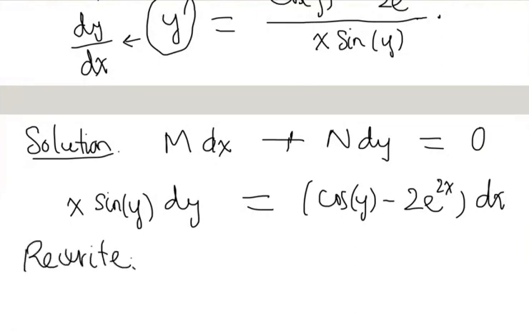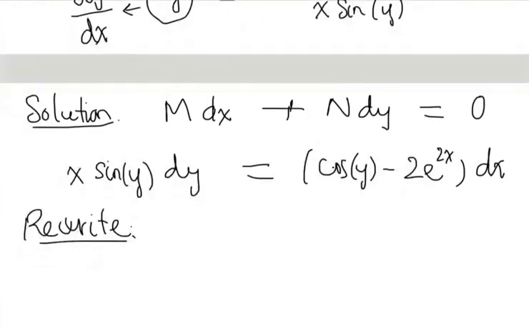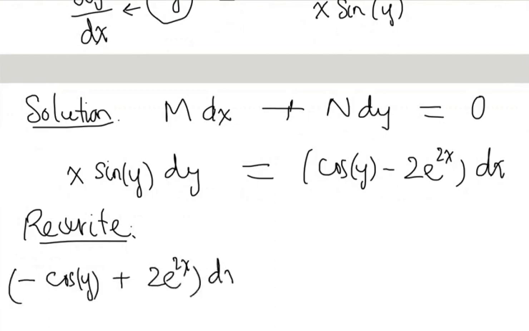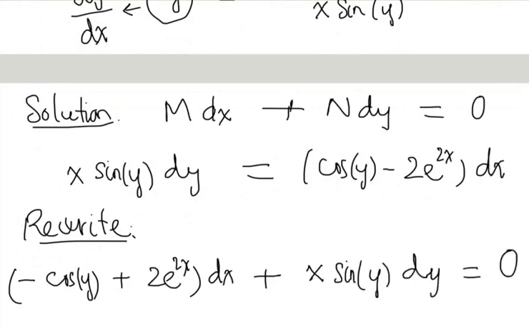So I'm going to rewrite, let's move this right hand side to the left, so it becomes minus cosine y plus 2e to the 2x dx. When I move this to the left, I need to change the sign, and then plus x sine y dy equals 0.